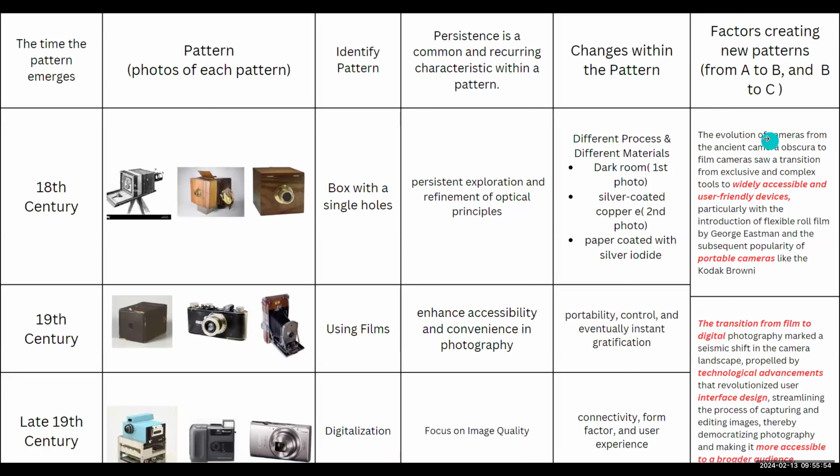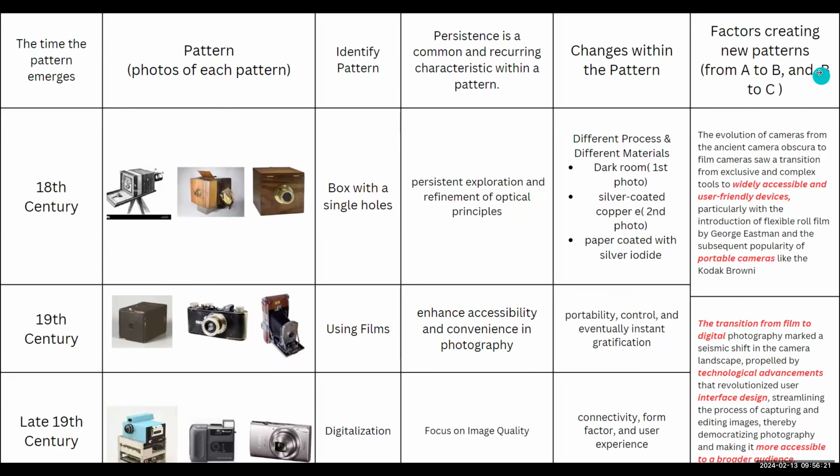Now there are changes within this pattern, and from this pattern we can create a new pattern. In the first way, they only focused on the process and how to get the material. But in the second pattern, they used a widely accessible and user-friendly device at the time, so they usually focused on the portable camera.